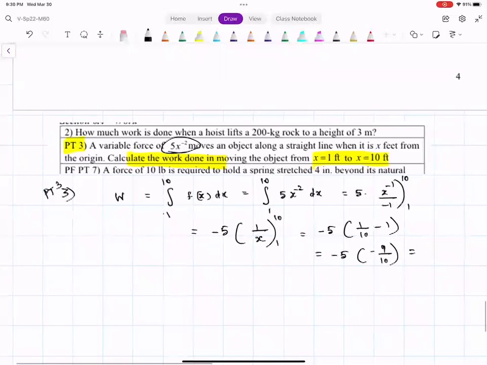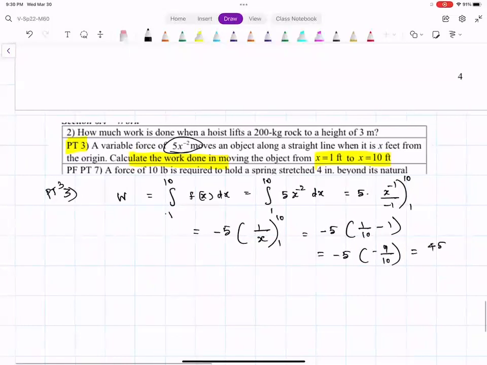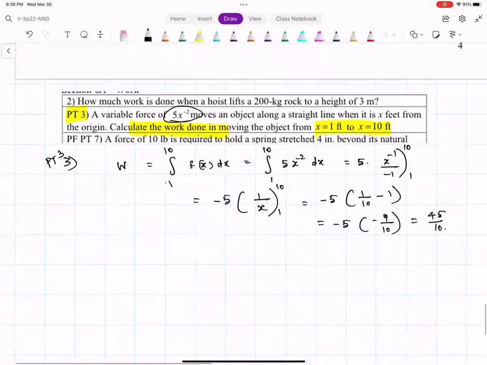So which will be 45 over 10, which is 4.5. Because we are given feet and the variable force is considered to be in terms of lbs, we can consider work done as foot lb.